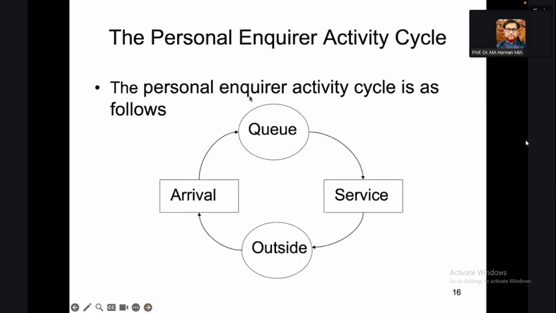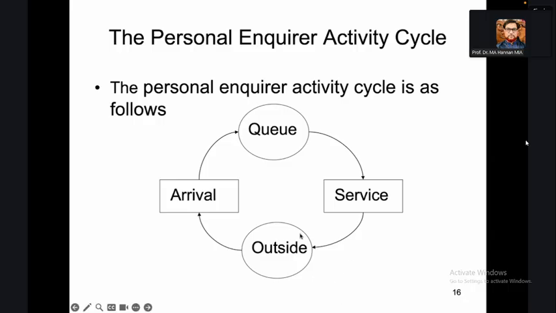The personal inquirer activity cycle diagram. Personal inquirer, he was somewhere, we said, outside. Before he arrived in front of the booking counter, he was somewhere. Coming by metro, or coming by rickshaw, or driving a car and getting out of the car, whatsoever. That is called outside.